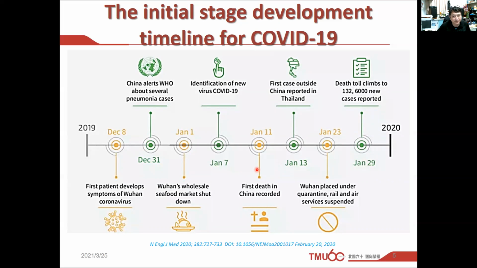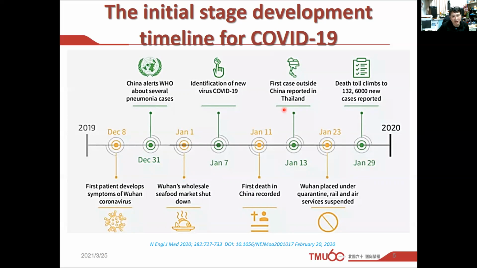Okay, and you can see that around 1 month in, the first death in China was recorded and reported, and 2 days later, a similar case outside of China was reported in Thailand.